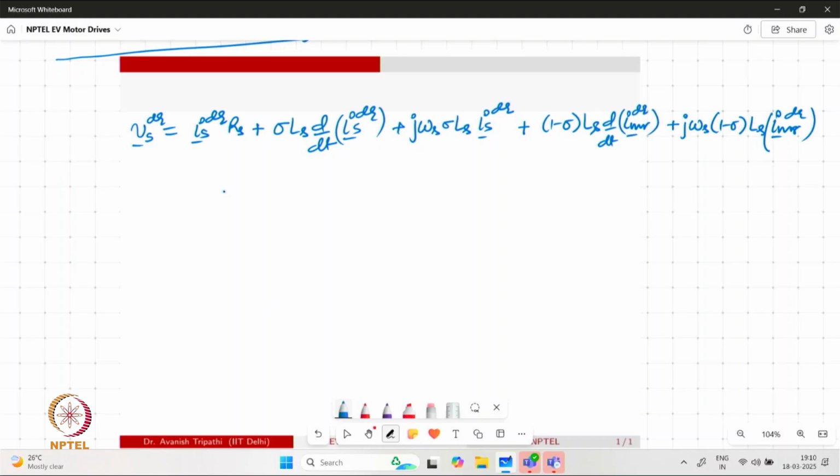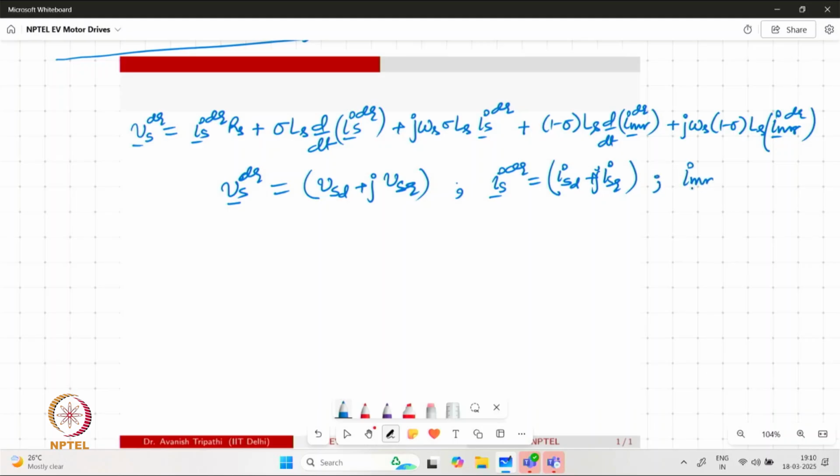Now it should be noted that we have defined these quantities in the DQ frame of reference with their respective coefficients. And IMR is actually aligned along the D axis, so it has only a real component, which is IMR, the magnitude itself.